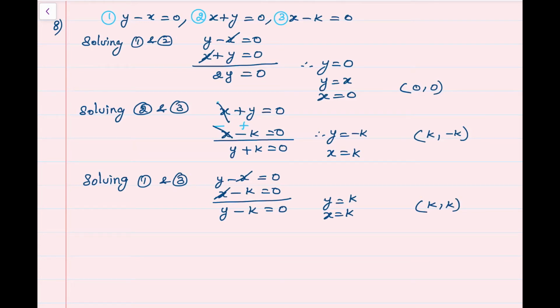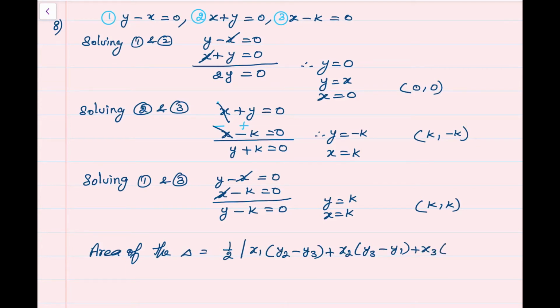We have to find the area of the triangle formed by these 3 points. And the area of the triangle formula is half into absolute value of x1 times (y2 minus y3) plus x2 times (y3 minus y1) plus x3 times (y1 minus y2).